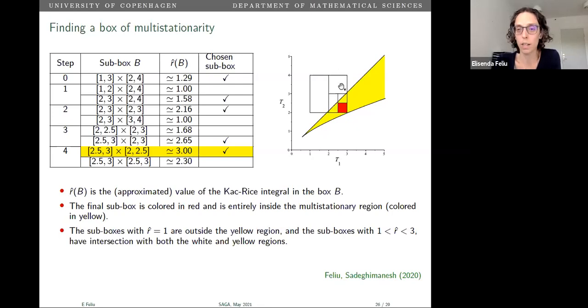So you take this one, then you divide. For this one here it's 1, so you pick the other one, then you divide, and you keep dividing, picking the highest average number until you find an average number that's close to 3. Of course, all this is numeric, so we need to take into account the standard error and all this.